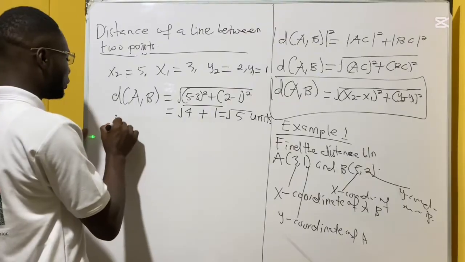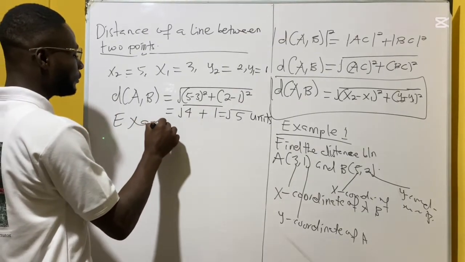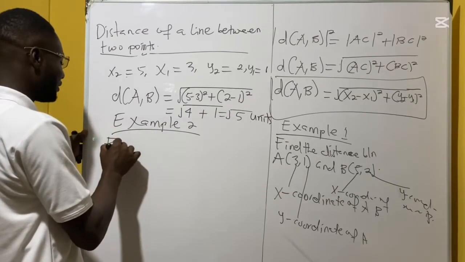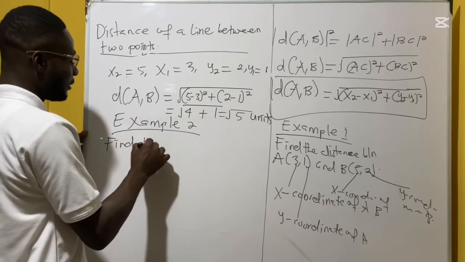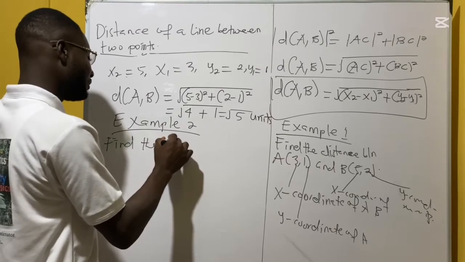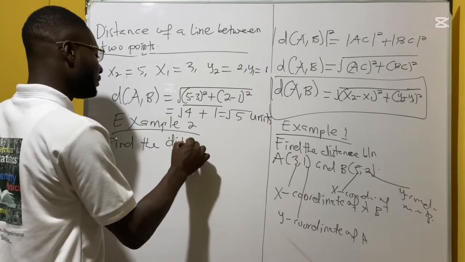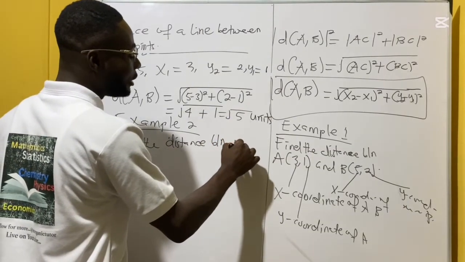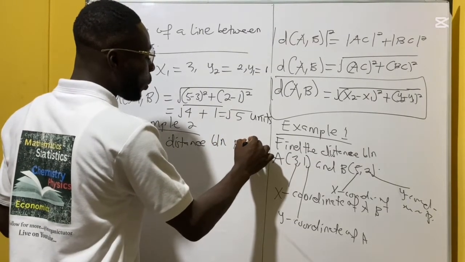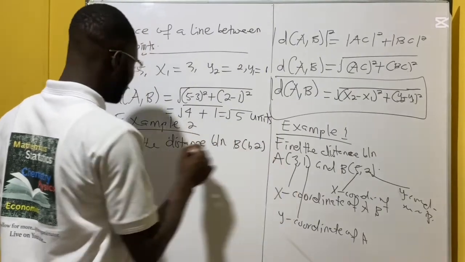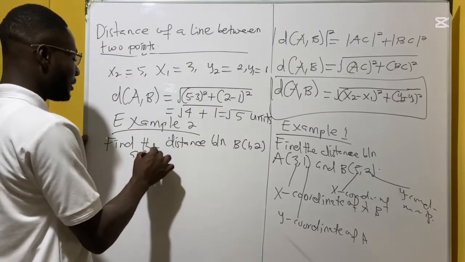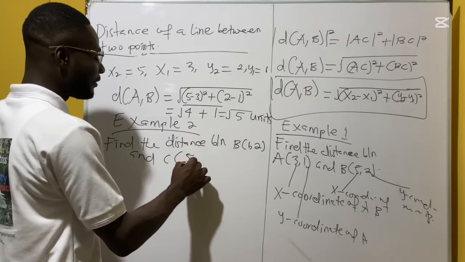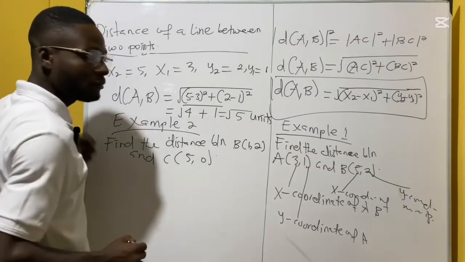So example 2, we want to find the distance between B of points 1 and 2 and that of C to be 5 and 0.